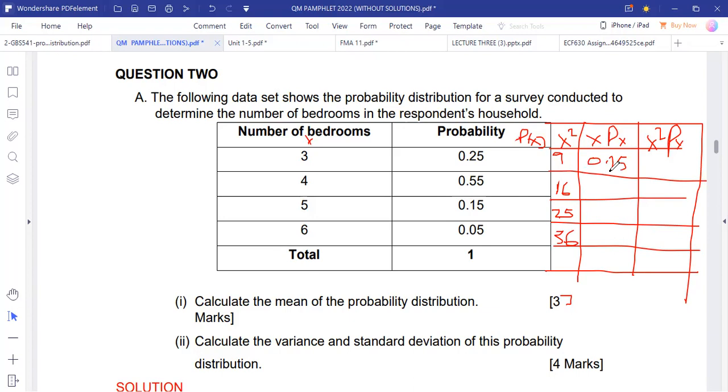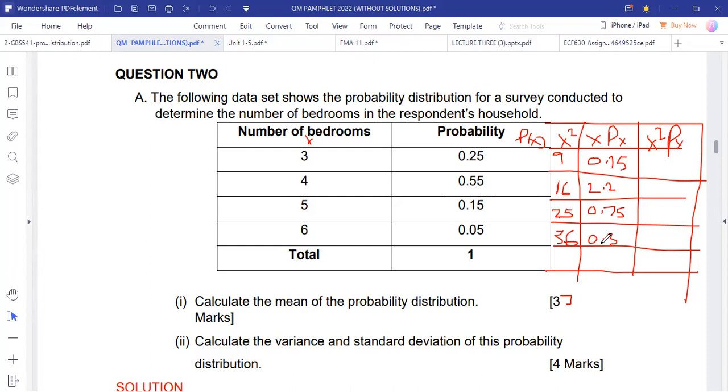The second one is 2.2. The next one is 0.75. The last one is 0.3.